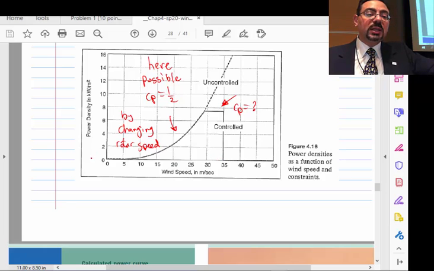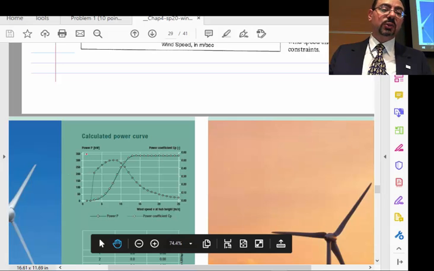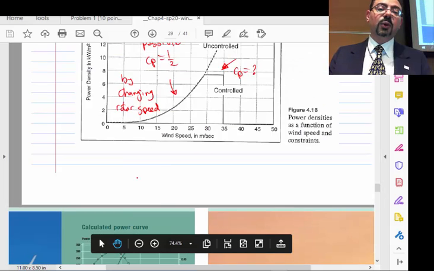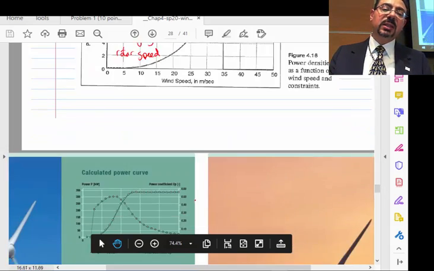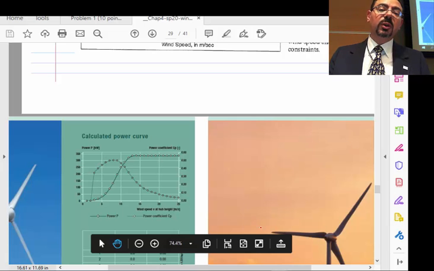And so that's why the CP will probably be really good in this range, but then at this point in this graph, the CP will start dropping, and after the cut-out speed, the CP would be 0. You will not get anything after the cut-out speed, right? That's why the CP will drop to 0. And actually, before you even hit this place, the CP will slowly drop.